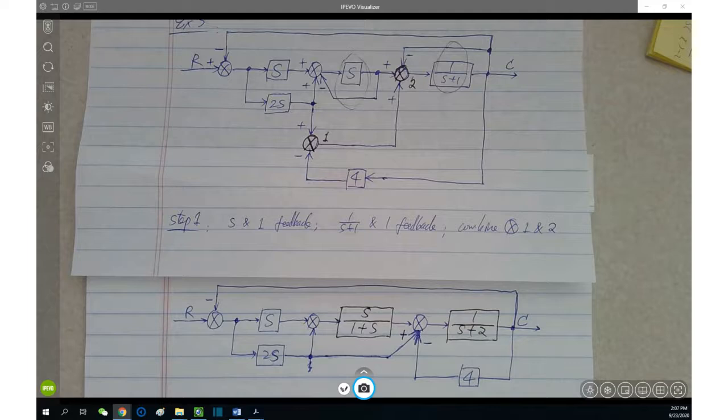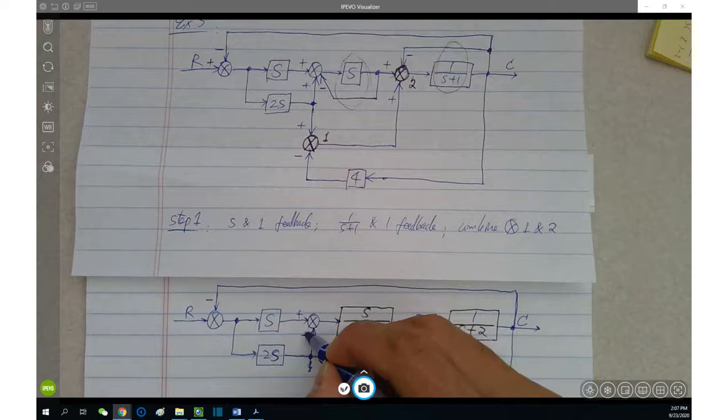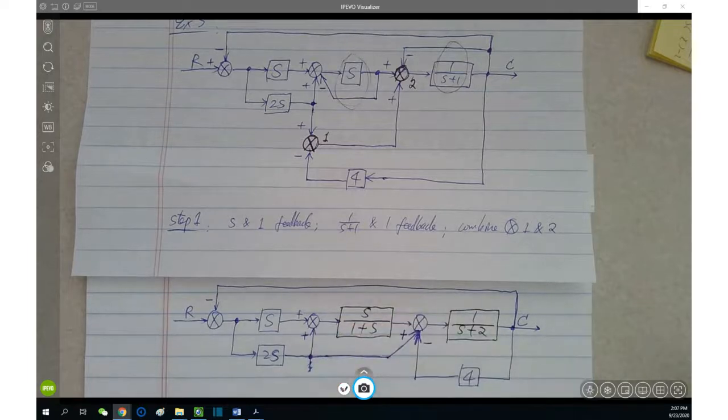If this is clear, then what do we need to do next? Of course, here we have a positive, positive. What do we need to do next? Any idea? I got feedback for the 1 over s plus 2 and the 4. This is feedback, no problem. This feedback, no problem.